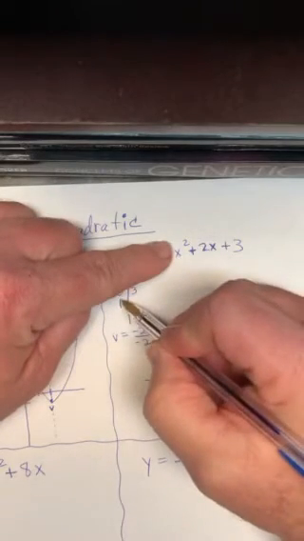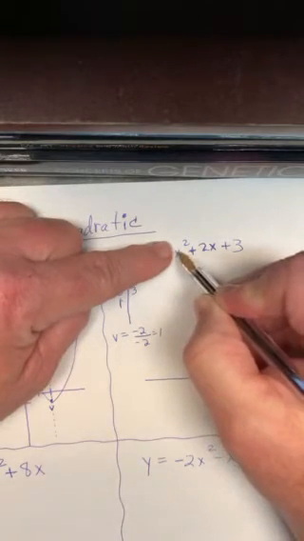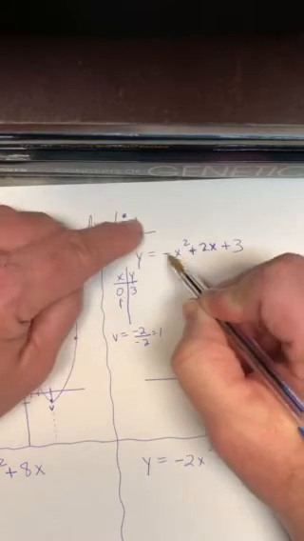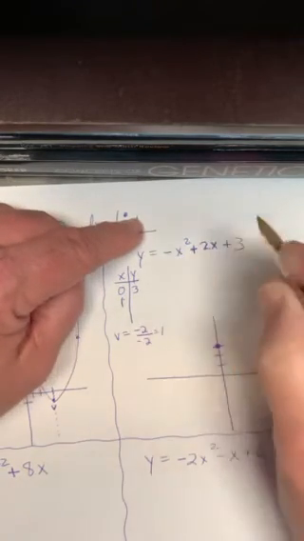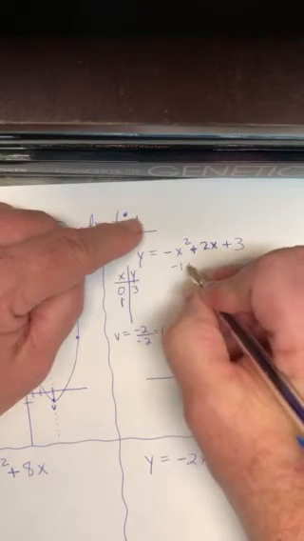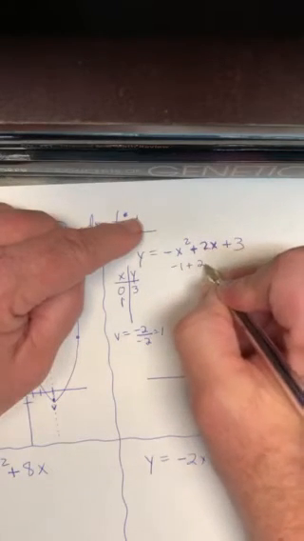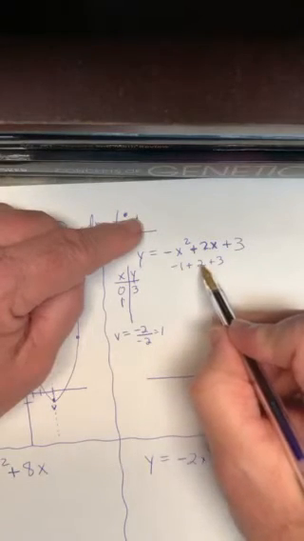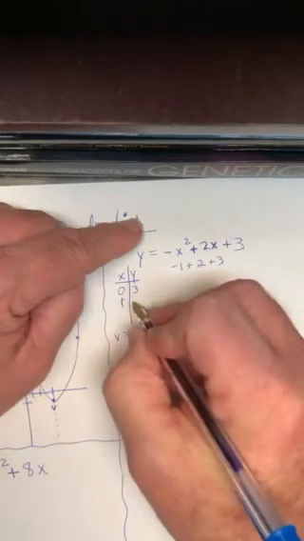If I take 1 and I go plug it in, 1 squared is what? 1, but there's a negative in front of the 1 I just created. So -1 plus 2 times 1 is 2, plus 3. -1 plus 2 is what? 1, plus 3 gives me 4.